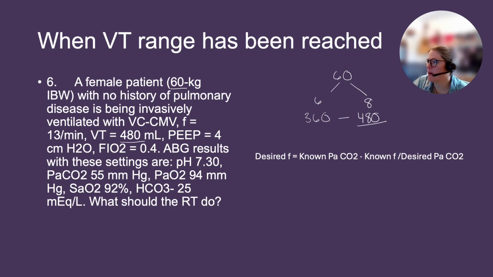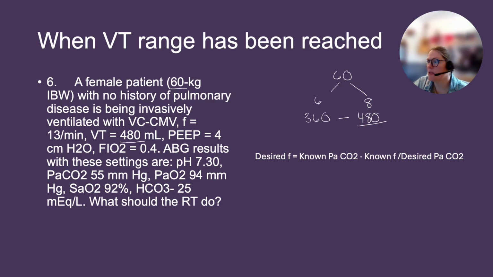So the next thing we're going to look at to effectively ventilate our patient is going to be respiratory rate. So minute ventilation is respiratory rate times tidal volume. So let's focus on our respiratory rate, and we'll just start plugging in some stuff for this equation here.